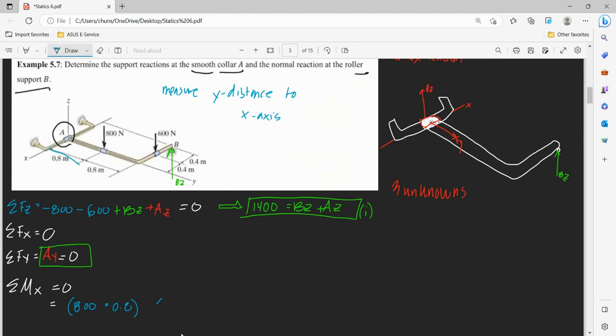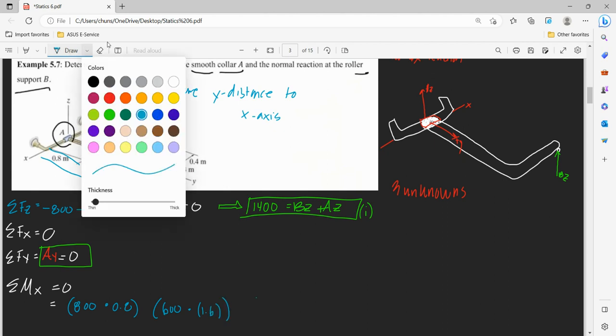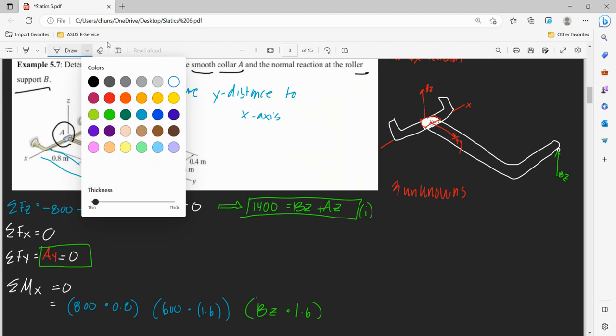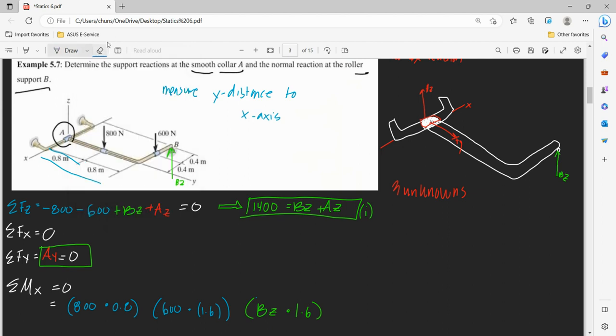For here, we have 600 newtons, and this is 1.6 meters away, and we have Bz, which is also 1.6 meters away. So now we only have one unknown in this equation, and this is all equal to 0. Okay, so like I said, I'll talk about sign now so we know what sign each term should have.